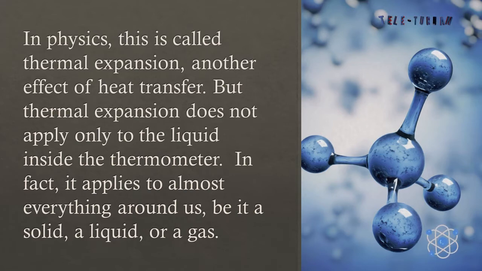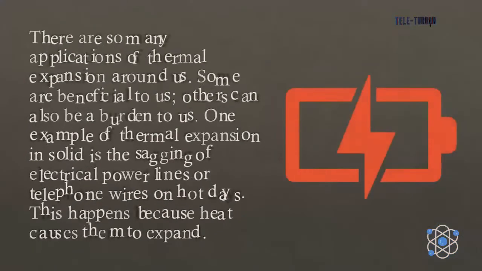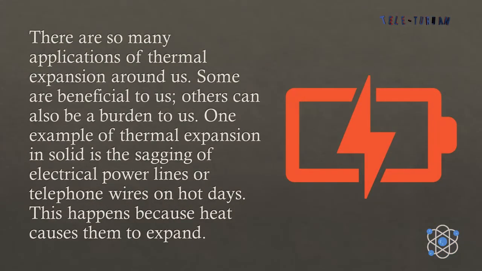But thermal expansion does not apply only to the liquid inside the thermometer. In fact, it applies to almost everything around us, be it a solid, a liquid, or a gas. There are so many applications of thermal expansion around us.